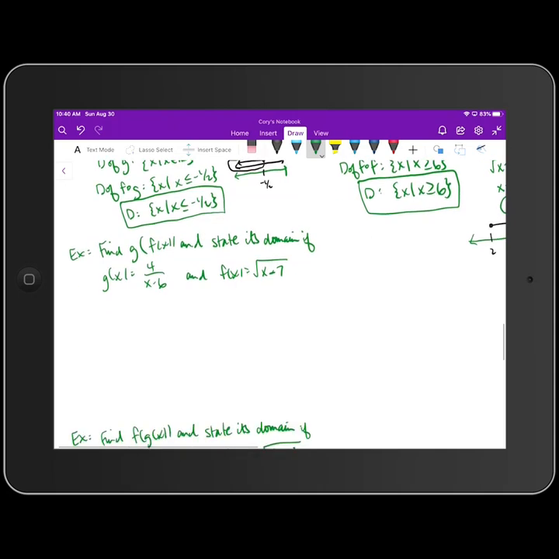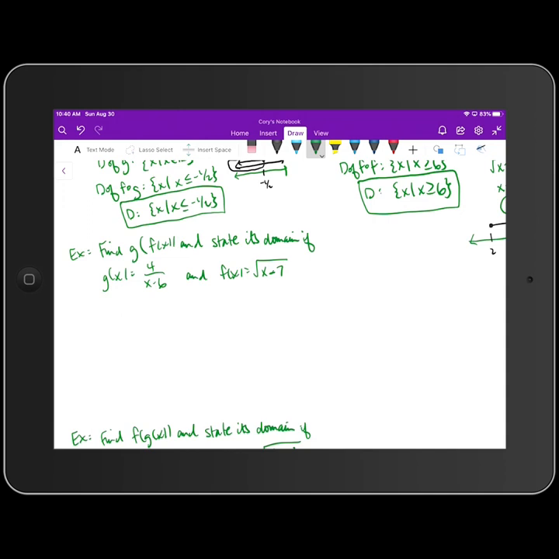So directions for the next one ask us to find g composed with f of x and state its domain if g of x is 4 over x minus 6 and f of x is rad x minus 7.